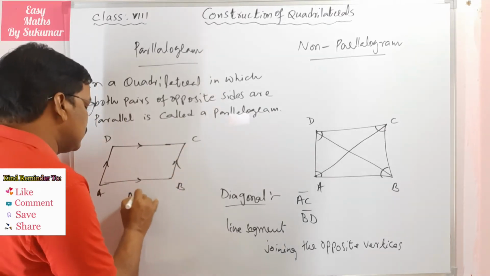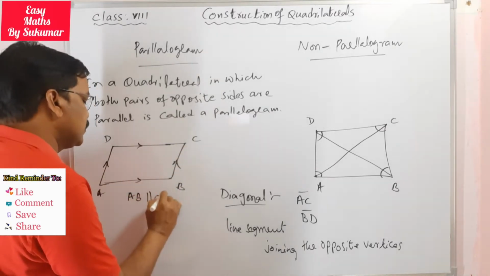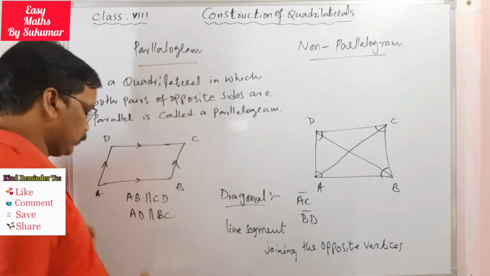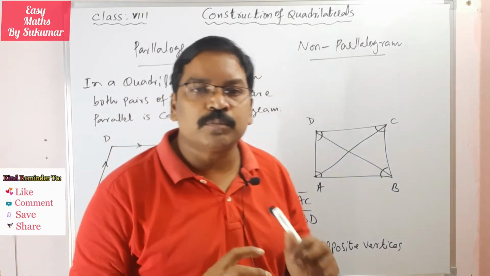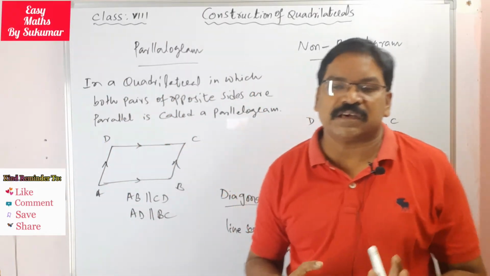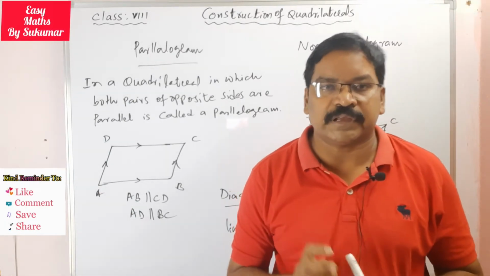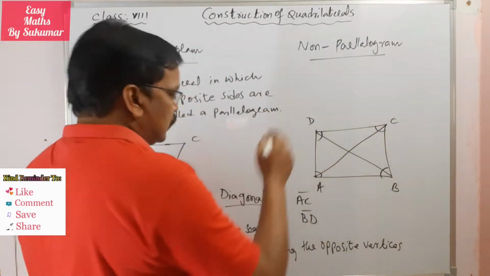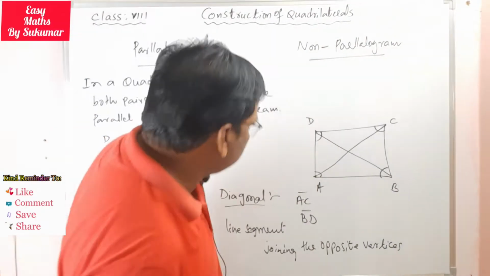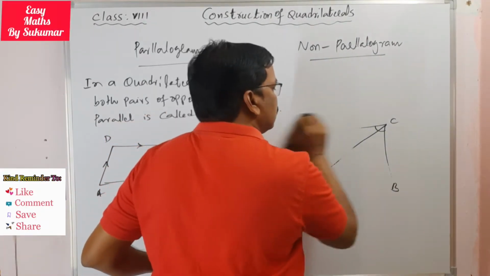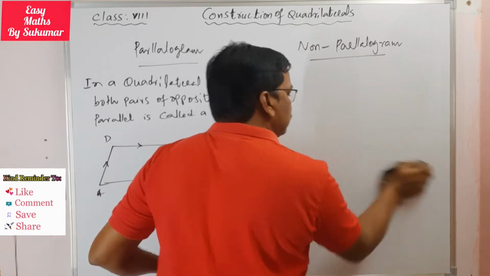That means AB is parallel to CD and AD is parallel to BC. Right. That means both pairs of opposite sides are parallel is called a parallelogram. Right. Look here. Coming to the non-parallelogram, trapezium.